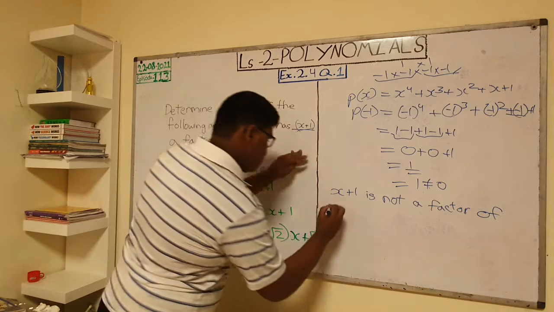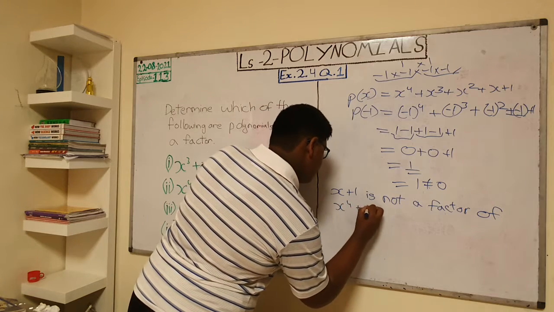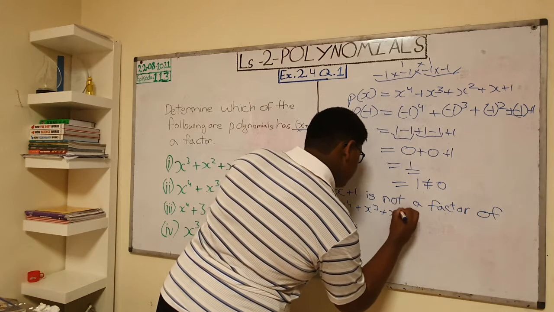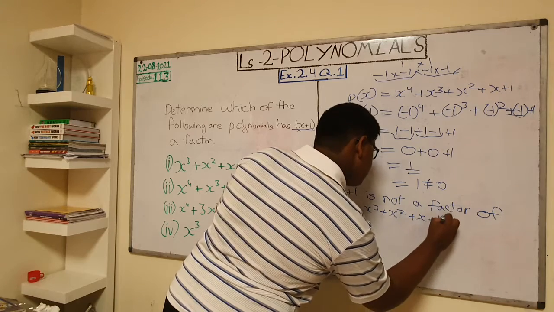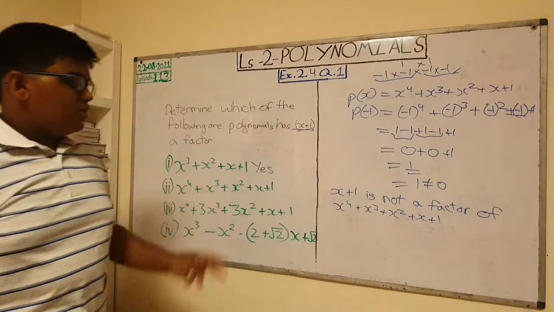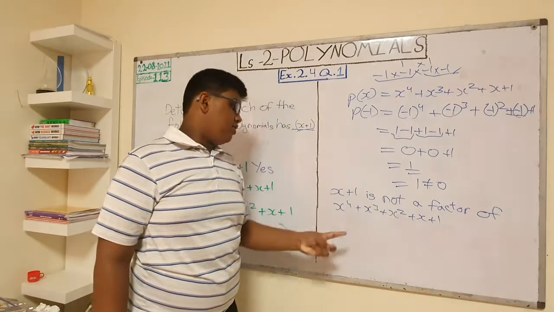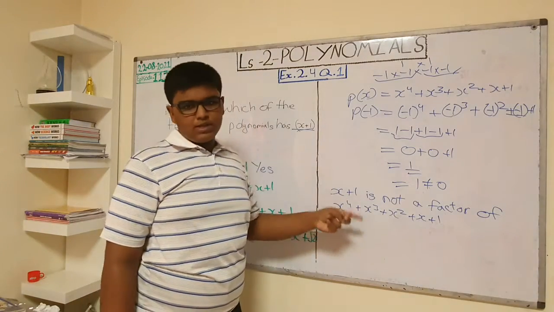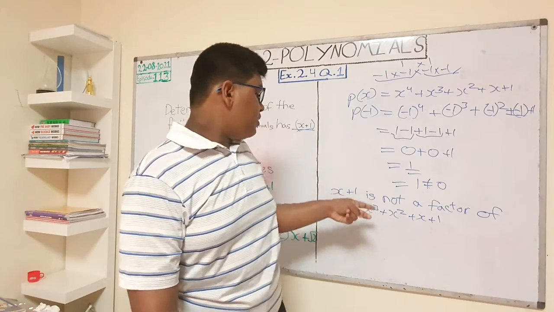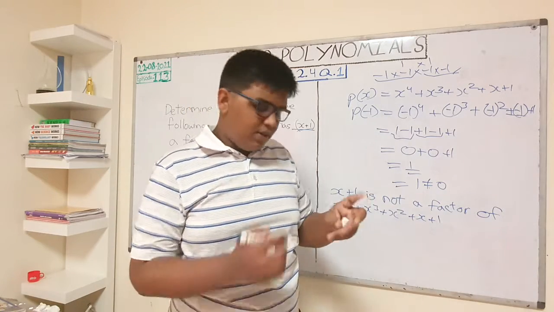We can copy the question of x raised to 4 plus x cube plus x squared plus x plus 1. Okay, so the answer is x plus 1 is not a factor of x raised to 4 plus x cube plus x squared plus x plus 1.